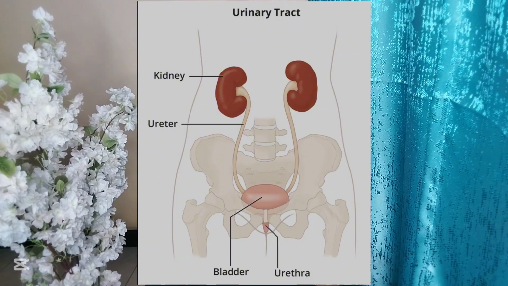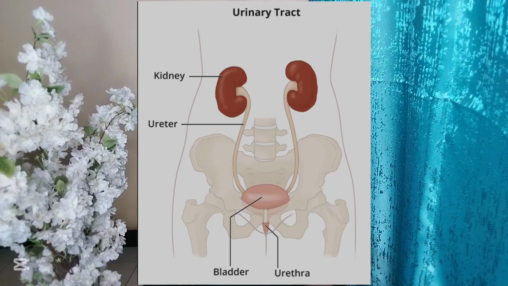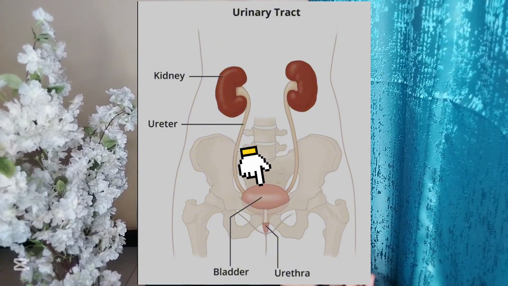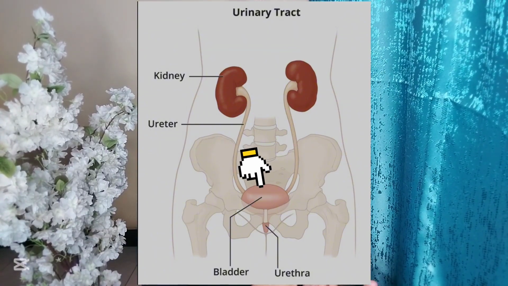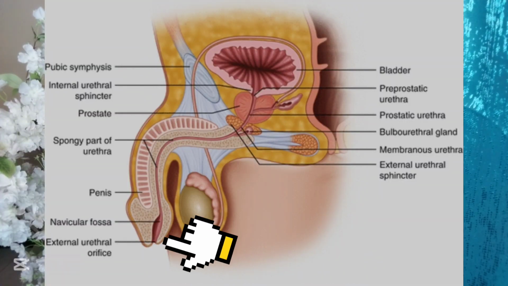Both the right and the left ureter will transport this urine to another organ called the urinary bladder. Once the urinary bladder is full, the urine will be passed out from the body via a tube called the urethra, and it will exit the body through a small opening called the external urethral meatus.